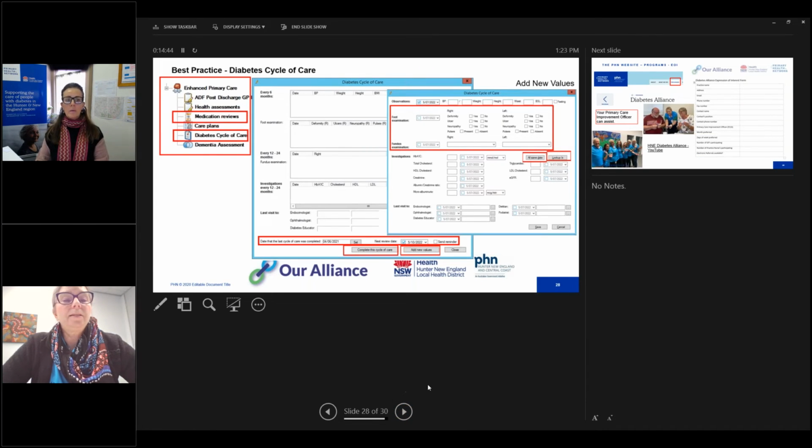With Best Practice, the diabetes cycle of care record is found in the tree on the left-hand side under the enhanced primary care, and also the medication review is found there as well. So similarly, there's a couple of options there.